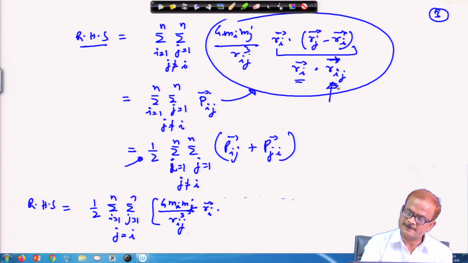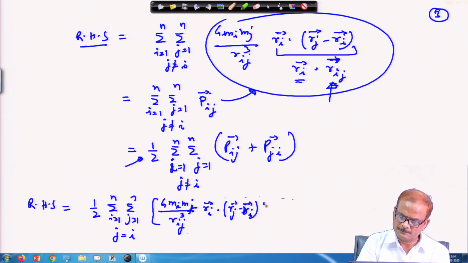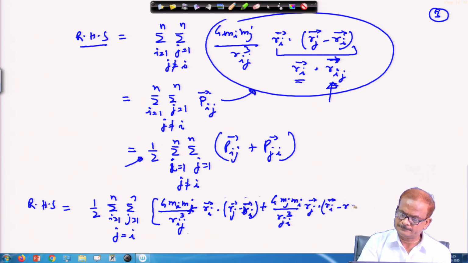Now, I will write it in an expanded format, or it is better to write here itself in the expanded format, one step we can save. So, this is r j minus r I, and plus g m j m I divided by r j I whole cube r j dot r I minus r j.